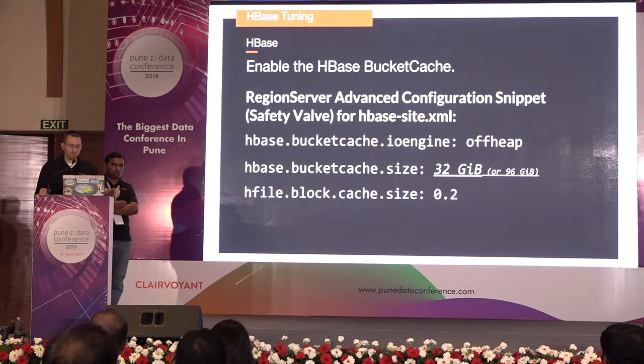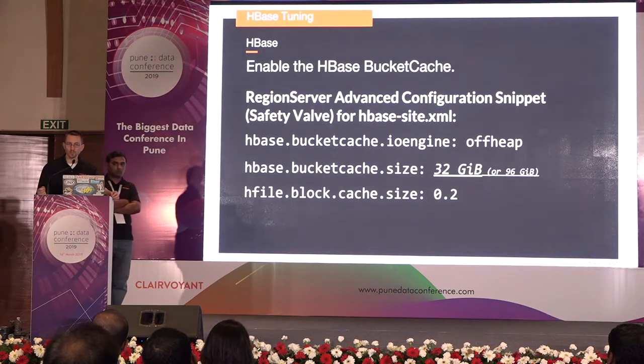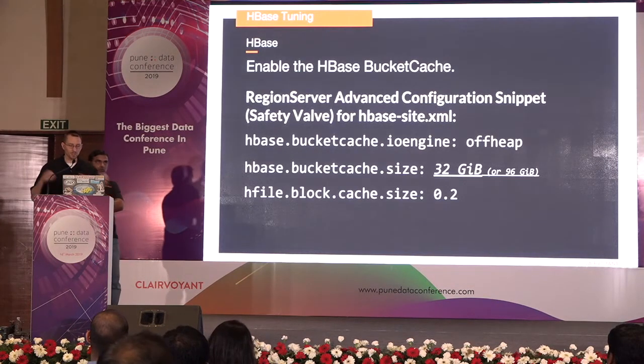If you do enable the bucket cache, the on-heap cache is then used for the Bloom filters and indexes, and the off-heap bucket cache is used for storing and caching the actual data blocks. And the off-heap cache is not subject to the garbage collection. So you're only garbage collecting 31 gig of your primary heap, and then you can deal with allocations of this off-heap cache in a different manner.